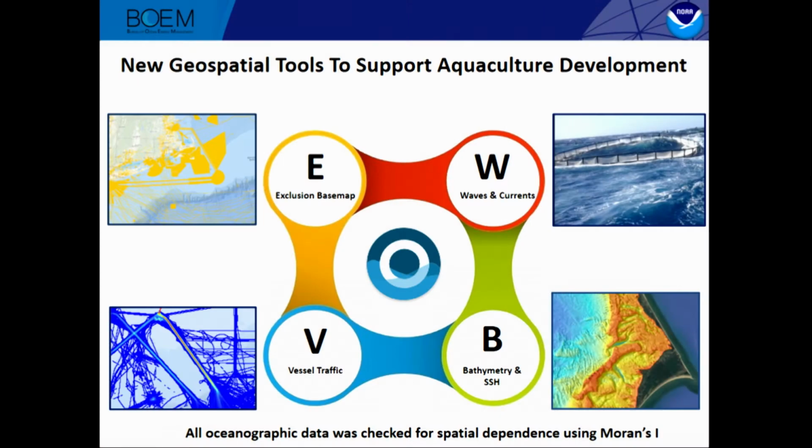I'm going to shoot through some of these layers because we are running out of time. I do want to mention a couple of the tools that we are integrating just for aquaculture here. One of those is the Exclusionary Base Map. The Exclusionary Base Map is kind of a quick and dirty way to look at these tier 1 or major constraints to development of infrastructure within your ocean space.